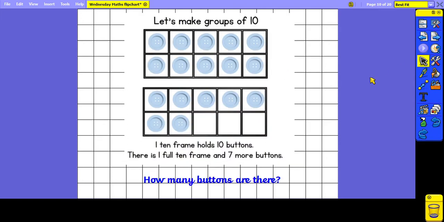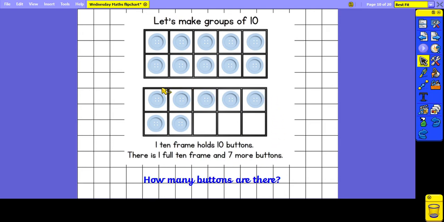And now we're going to move on to making groups of 10. And here we have got 2 10 frames with some buttons inside. And it says 1 10 frame holds 10 buttons. So we can see here there's a full 10 frame with 10 buttons inside. There is 1 full 10 frame and 7 more buttons.